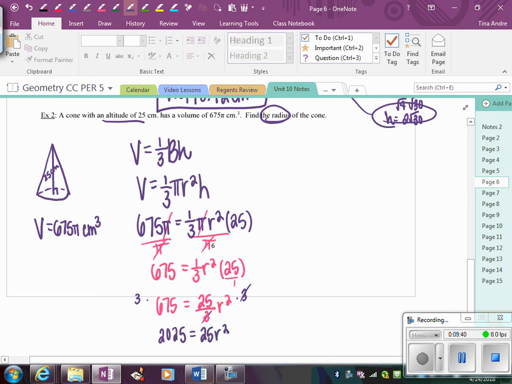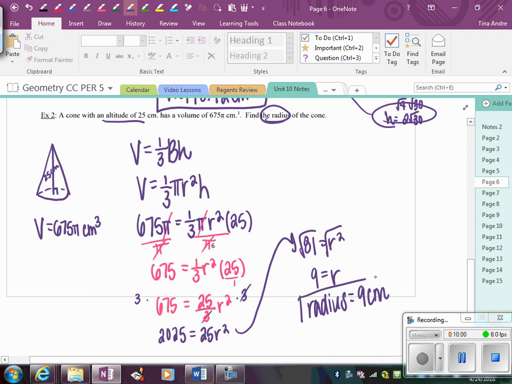Divide that number by 25, you end up with 81 equals r squared. Square root it. So you get 9. So that means that your radius for this example is going to be 9 centimeters.